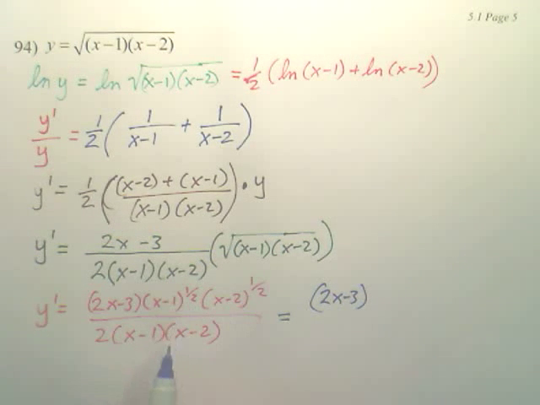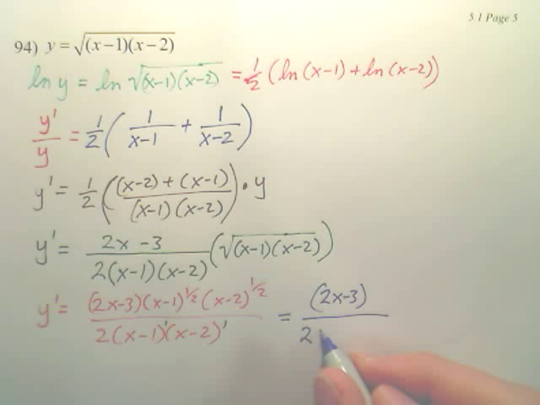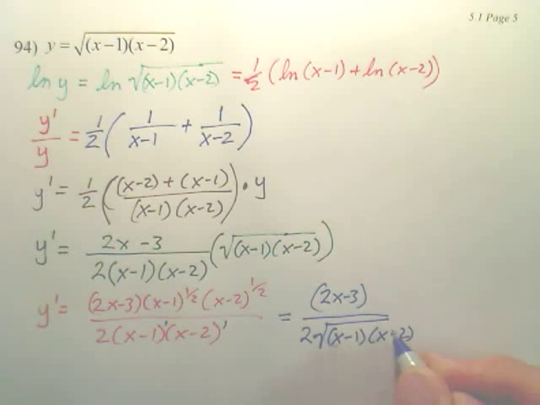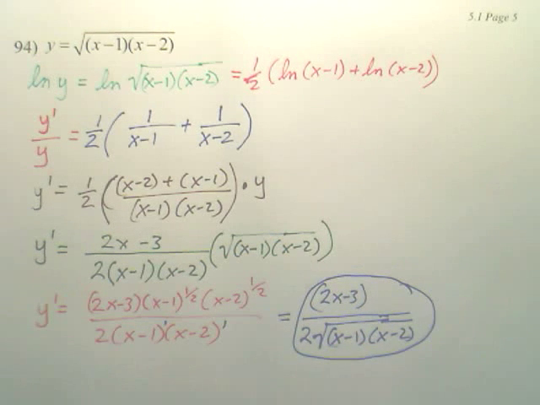Do you see I have a half and a whole? These are first powers down here. And then you have the square root of x minus 1, x minus 2. That would be your answer.